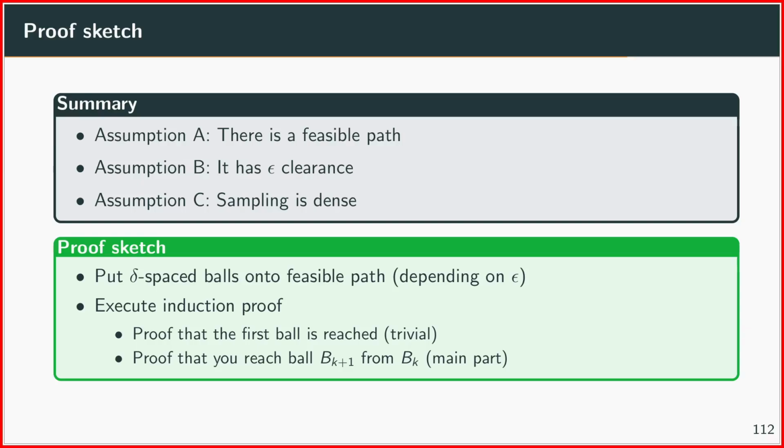And then you just execute this induction proof that you first prove that you've reached your first ball, which is trivial. And then you show that you can reach ball k plus 1 from the kth ball. And this is basically the main part of the proof. Does that make sense to you? Any questions about it?